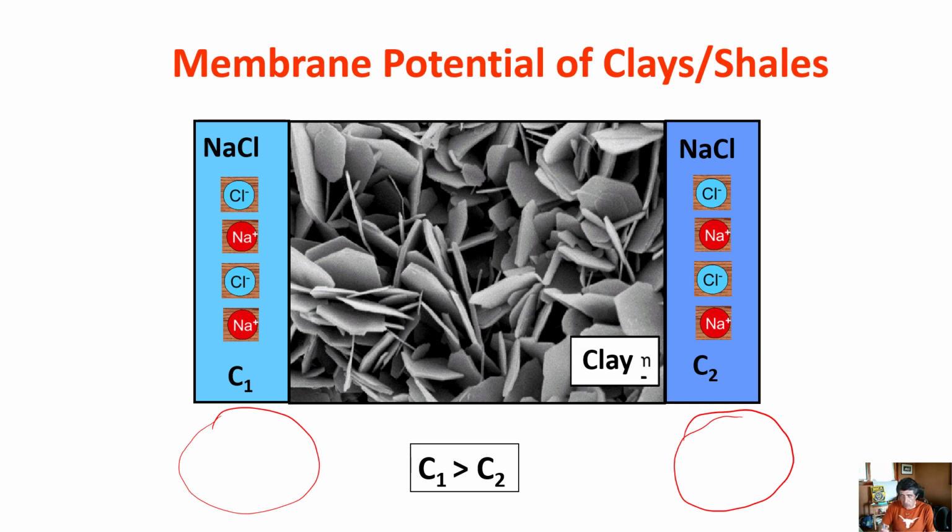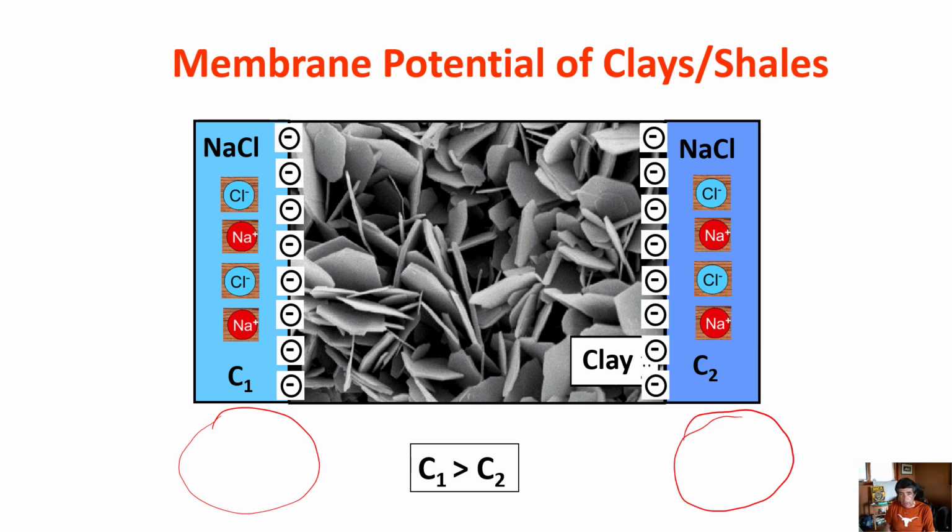What's going to happen is this: because of the negative electric charge and the cations that form the cloud, when there's an equilibrium condition, that equilibrium condition and the presence of that electrical double layer would only favor the passage or the movement of the cations which are compatible with the cloud that forms in the electrical double layer.